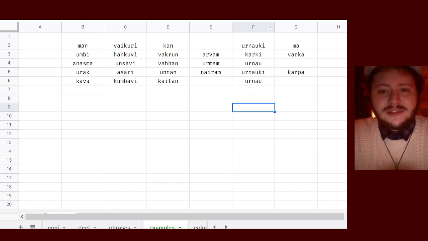Dative is used for locatives as well, on that part of the body. And you still have the thing that you're sensing in the accusative. It's still the direct object. You just don't really have a subject typically.